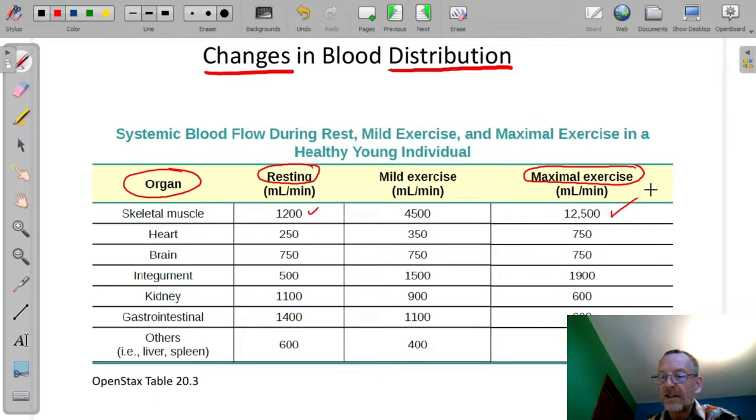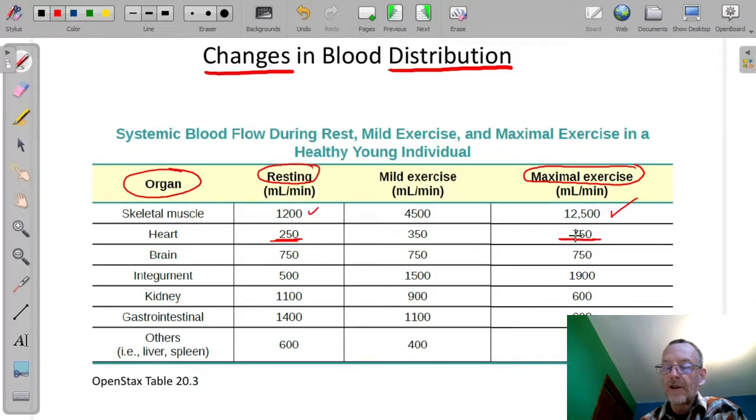And when you're exercising, the muscles literally get pumped up with blood. As blood flows into them, they increase in size. The heart muscle, this is the myocardium itself, at rest, about 250 mils, quarter of a liter, and at maximal exercise, about 3 times that is going to the heart muscle.